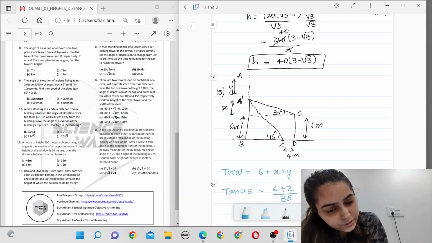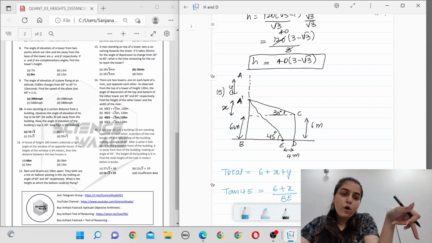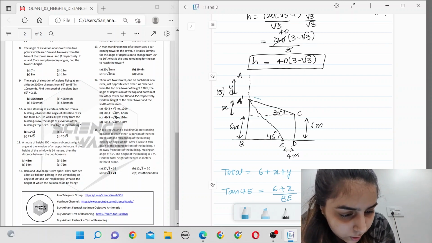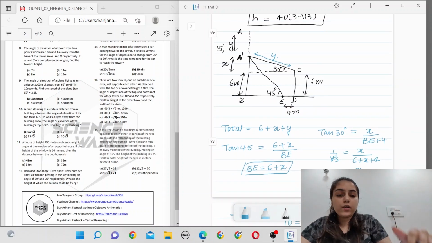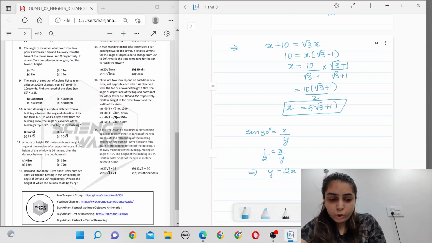So if this is Y, the same portion of the tree was cut and fallen on the top of the building. So if this is Y, this is Y as well, right? Because that was the same portion which fell. So it's going to be X by Y, opposite side by hypotenuse. Sine 30 is 1 by 2 is equal to X by Y. That implies Y is equal to 2X.